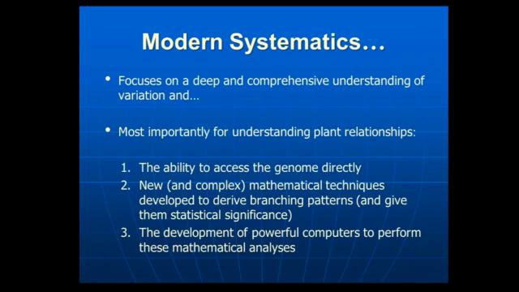First of all, mathematicians have developed complex techniques that allow them to take differences in the genome and construct a probable branching pattern that produced those differences. And not only that, to give them even some statistical significance.